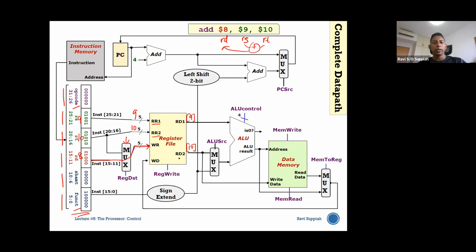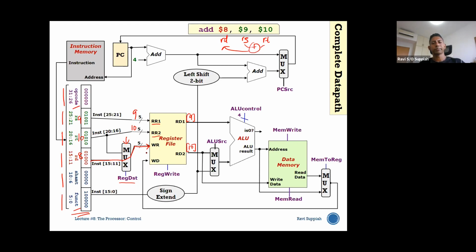So that is where the multiplexer comes in, and in order for that to happen, register destination is basically the control pin, which we are going to look at in more detail in the lecture. These control pins or control signals are the ones that decide which data from the input of the multiplexer gets channeled to the output.